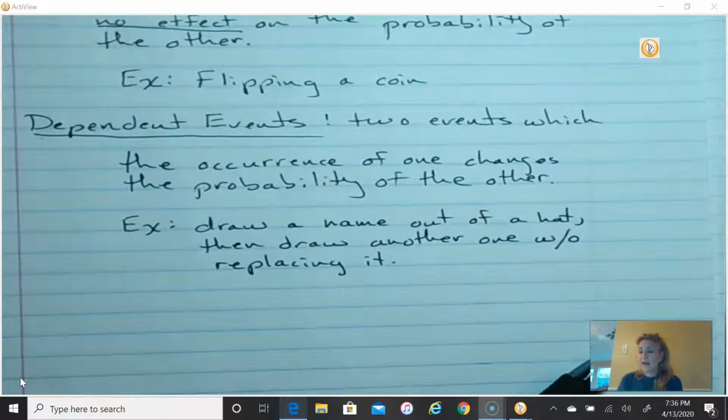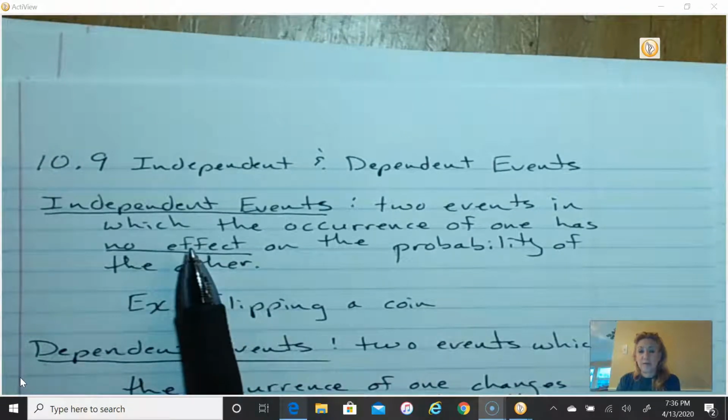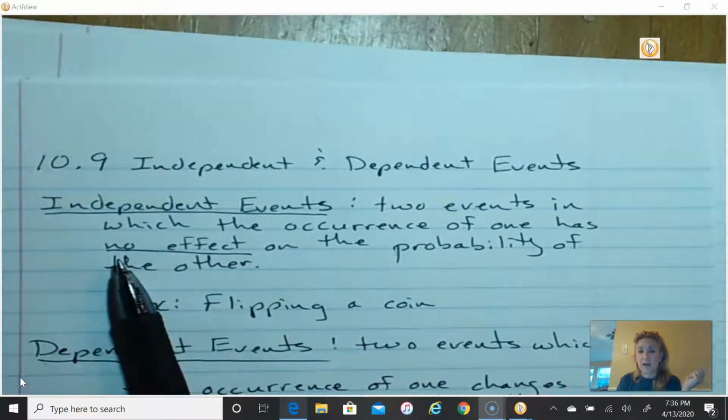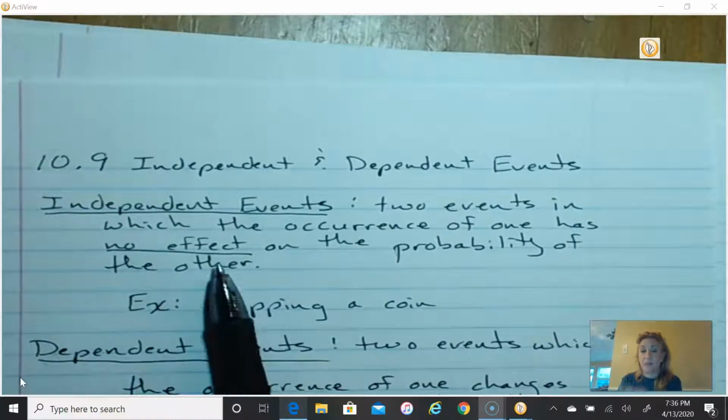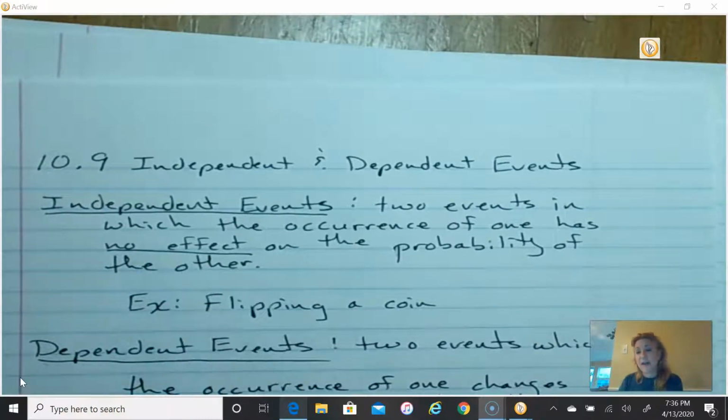Pepper. And if I were to draw a name, and let's say I drew Miranda, if I put her name back in the hat, then it's this one, because me drawing her name the first time and then putting her name back in the hat means there's not going to be any effect if I draw a second name for Dr. Pepper.